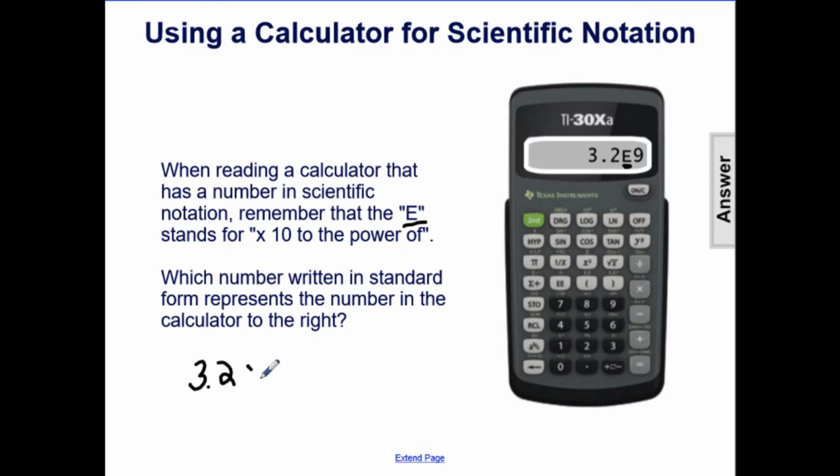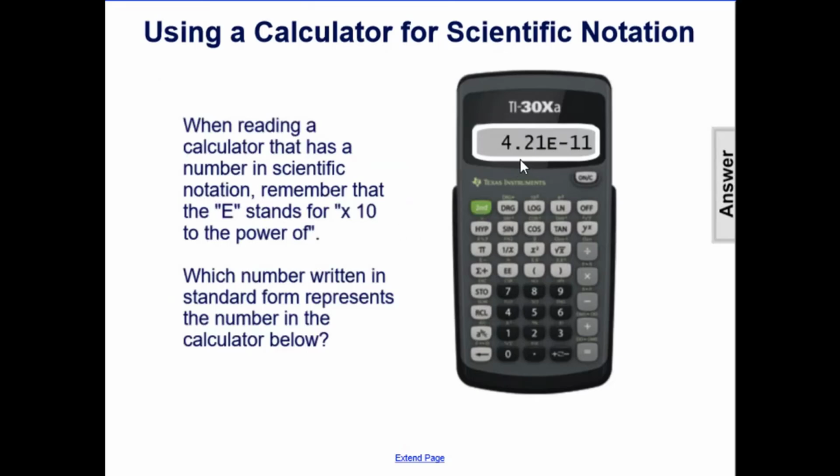The E would represent times 10 to the power of, and here the 9 is that exponent. So 3.2 times 10 to the 9th is going to be 3,200,000,000, and include 7 zeros after the 3 and the 2.